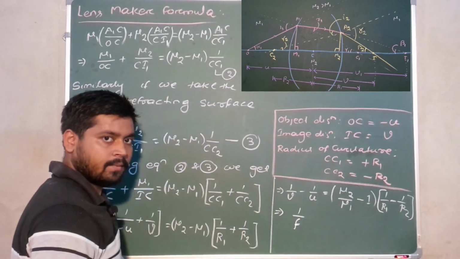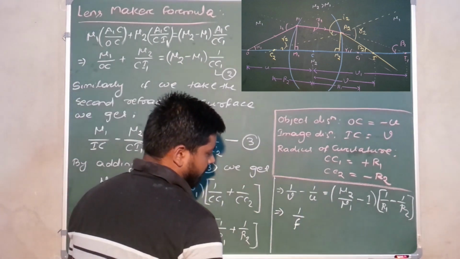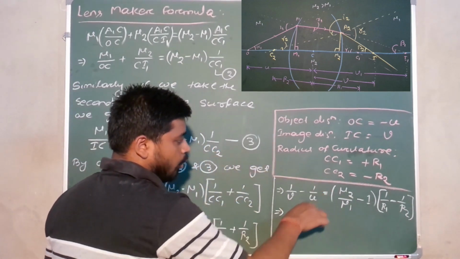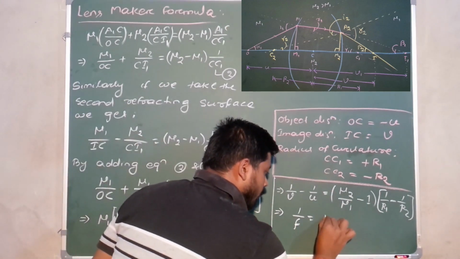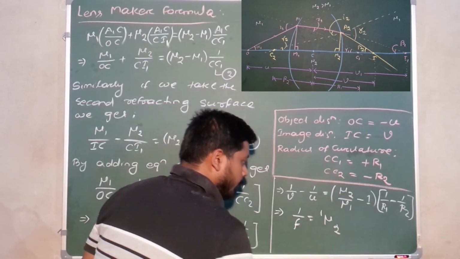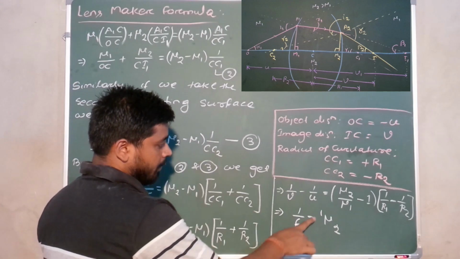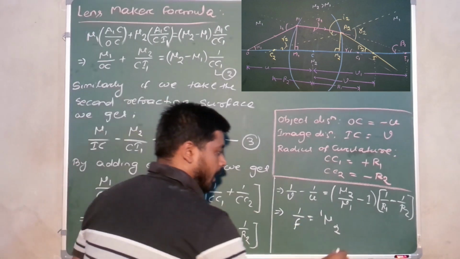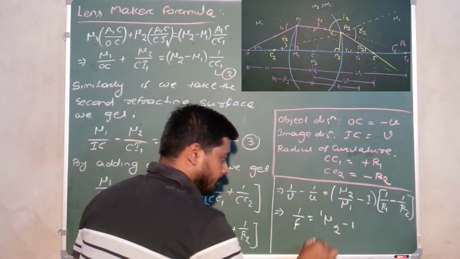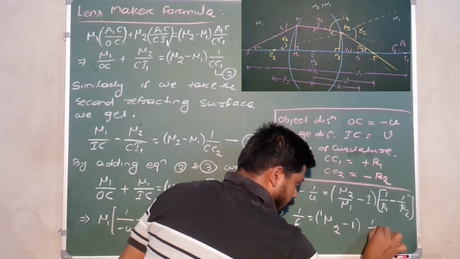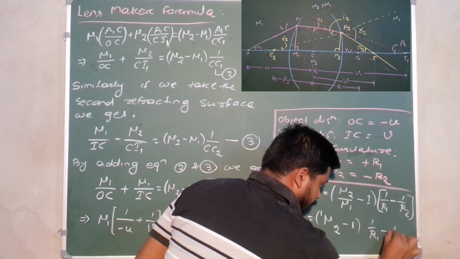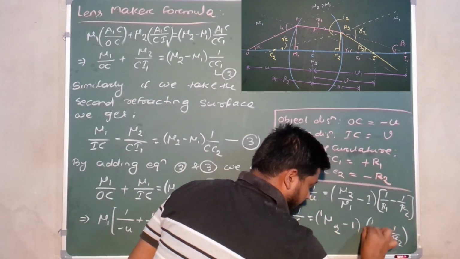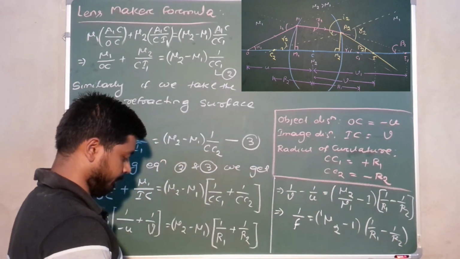Yes or no? 1 by f is equal to mu2 by mu1, that is mu12, ray travels from first medium to second medium, minus 1, into 1 by R1 minus 1 by R2.